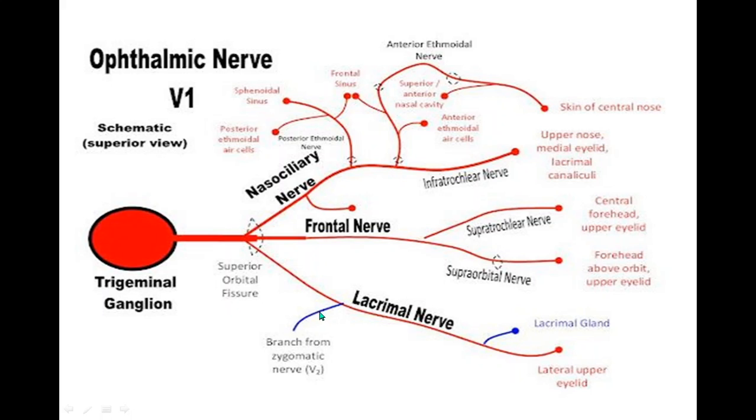And its communication with the zygomatic branch from the maxillary nerve is how the postganglionic fibers from the pterygopalatine ganglion are carried to the lacrimal gland, joining with the lacrimal nerve, which goes and supplies the lacrimal gland.